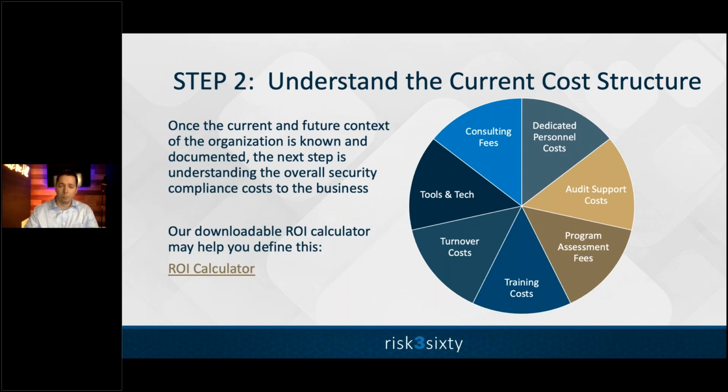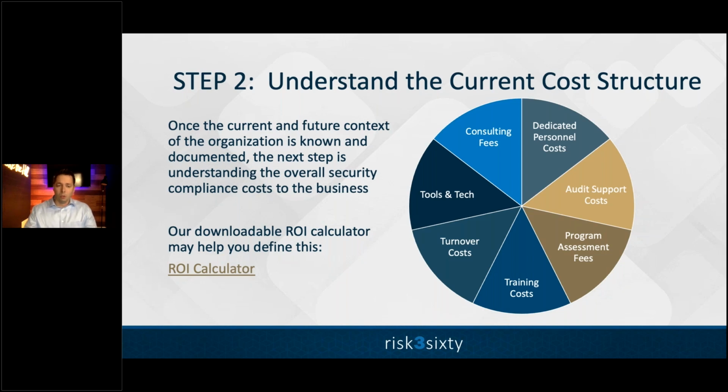When you're doing compliance activities, there's going to be personnel costs involved, and those personnel costs are not just the cost of those that are facilitating from an internal perspective. It's also those whose time is required. There's audit support costs, program assessment fees, etc. So you can see, this probably isn't even comprehensive, but it gives a good overview of how you can think about that.